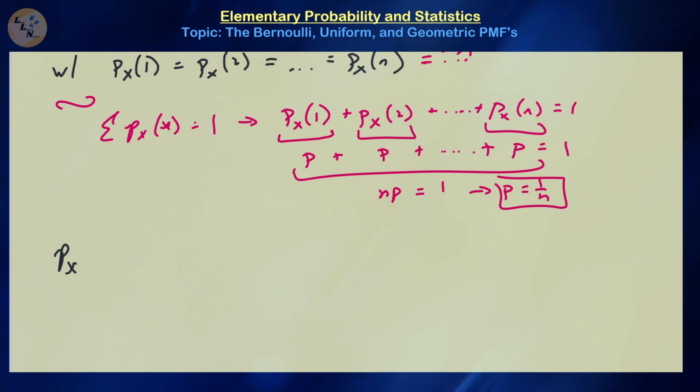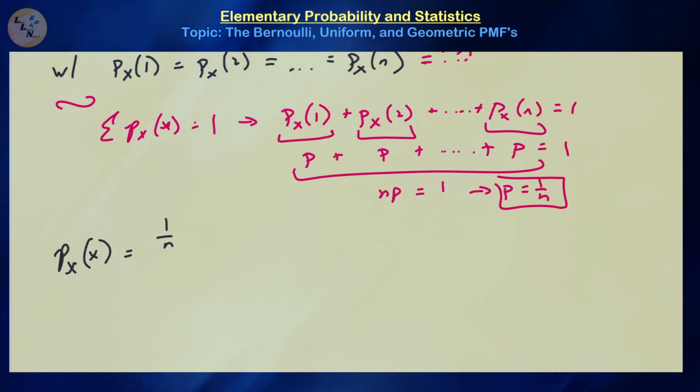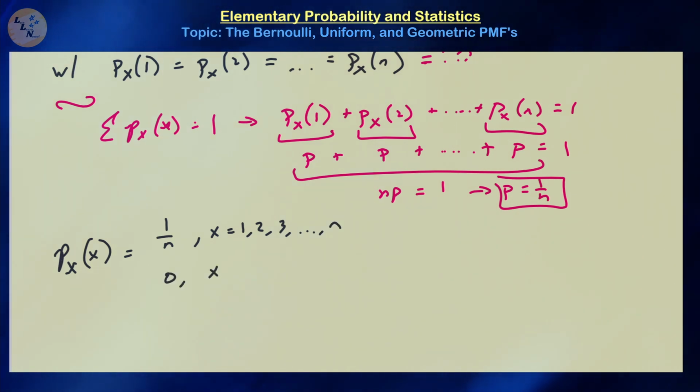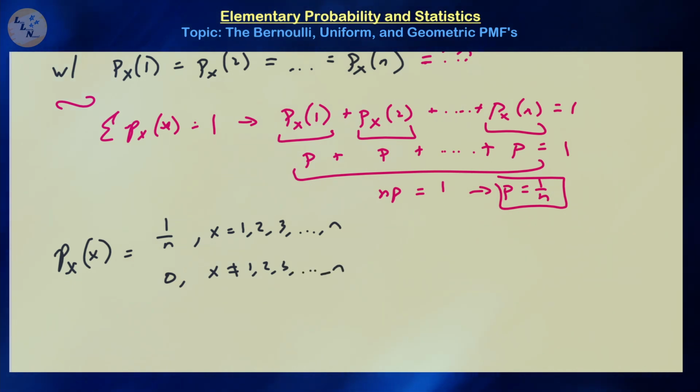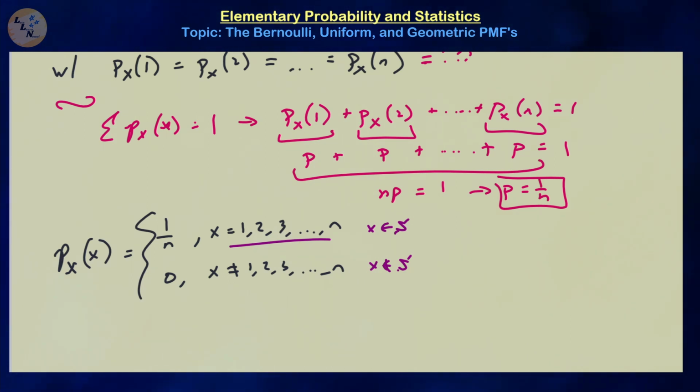The probability that capital X is equal to x is going to be equal to 1 over n if x is equal to 1, 2, 3 down to n, or 0 if x does not equal 1, 2, 3 down to n. Technically, you can write that as either x is an element of S or x is not an element of S, right? So that is the uniform distribution.